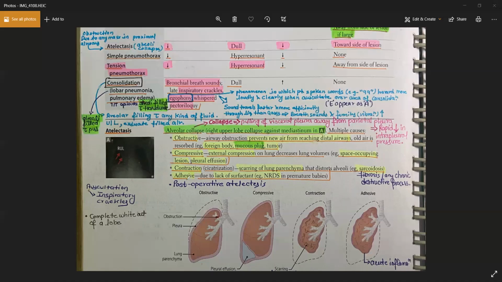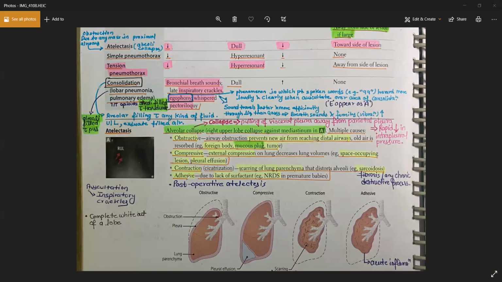So any doubt about this atelectasis? No. Repeat. What would happen if pressure becomes more negative? Well, not just significant, symptoms won't happen much. See, most symptoms are because of atelectasis only, right?